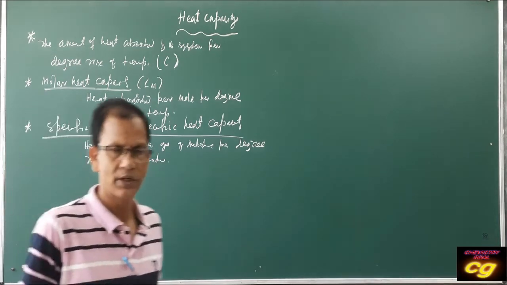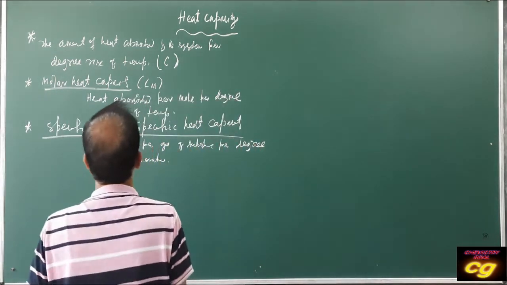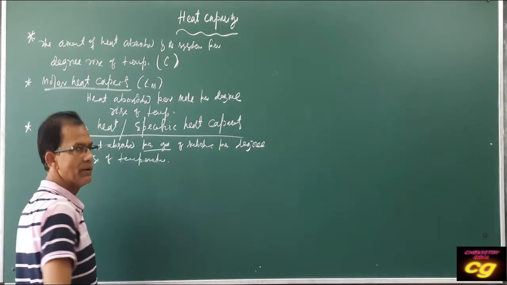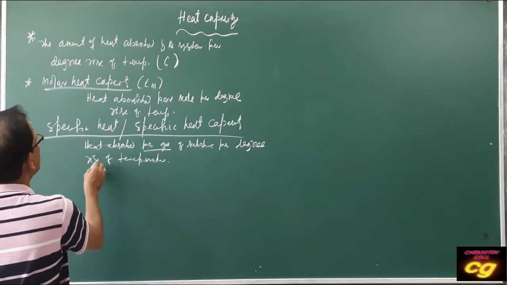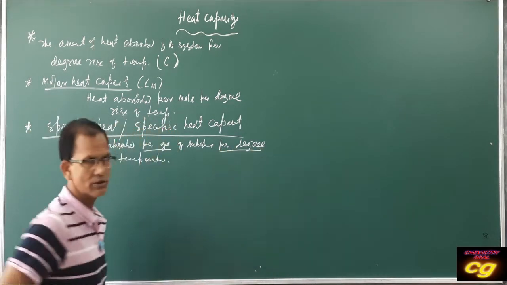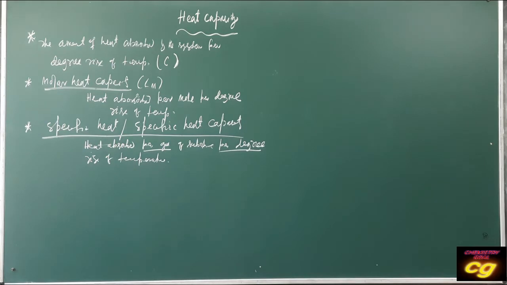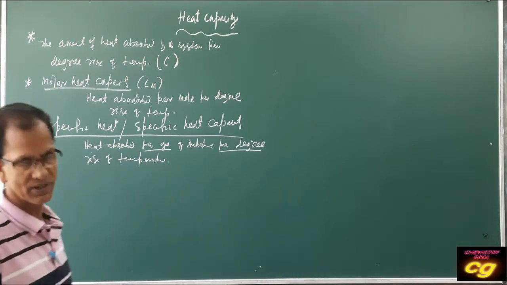So the mass is fixed at 1 gram, and the temperature change is per degree. That is called specific heat or specific heat capacity.